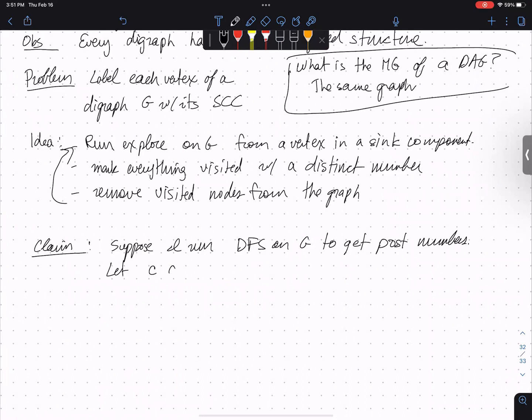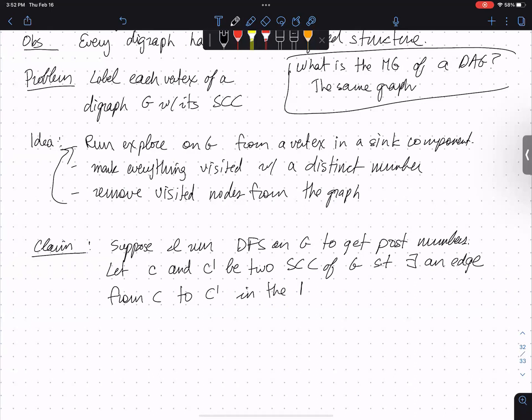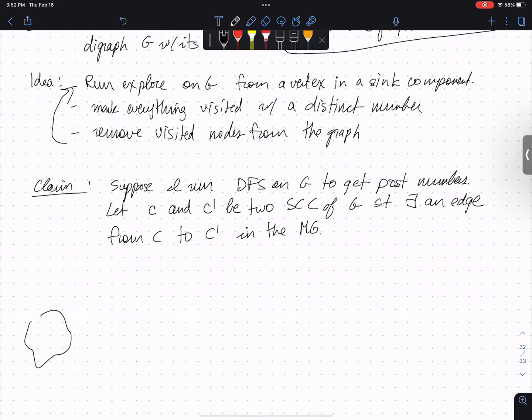Let C and C prime be two strongly connected components of G such that there exists an edge from C to C prime in the metagraph. Very simple: I've got some component C, some component C prime, and an edge between them in the metagraph.